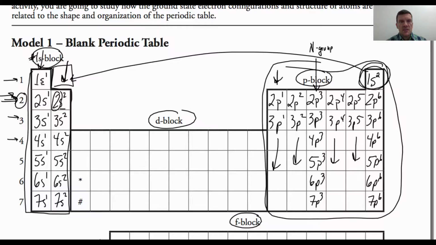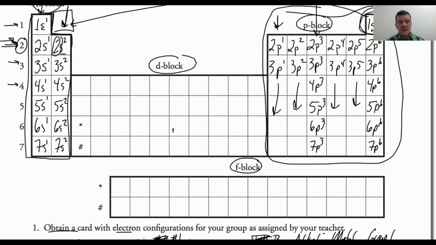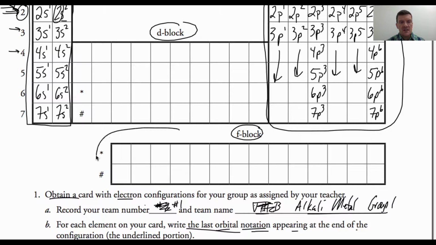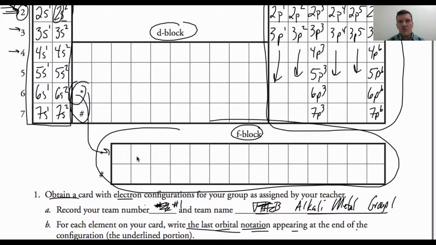If we were to go back to the periodic table, the elements in this block down here are called the actinides and the lanthanides. You'll see that because of the name of the element that is right before them. When you go from this element here, the next one would be here at the beginning, the first row of the F block.